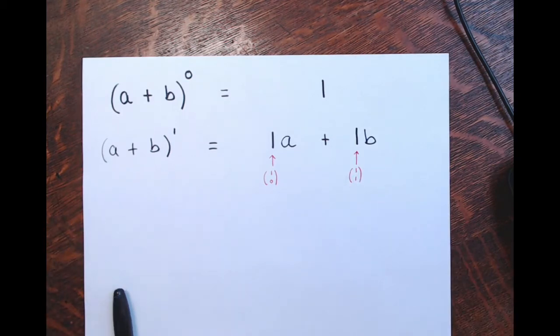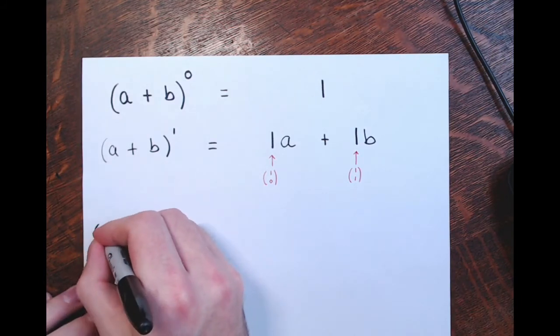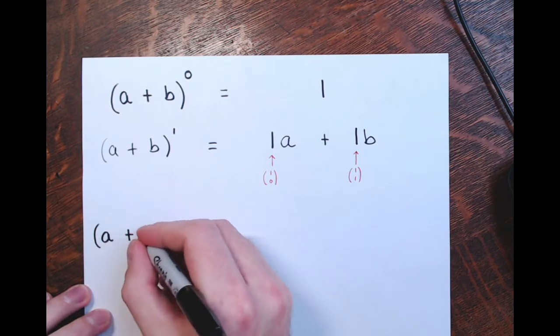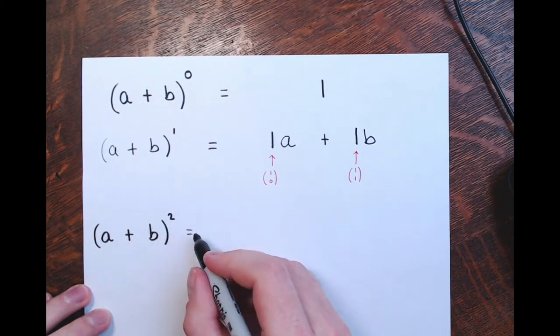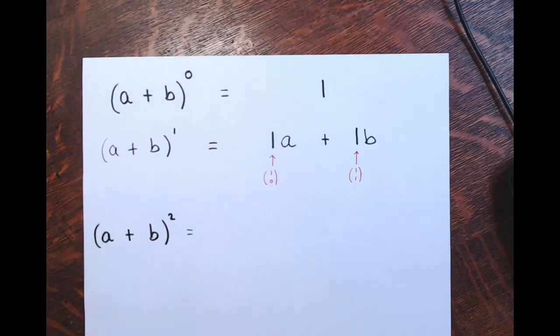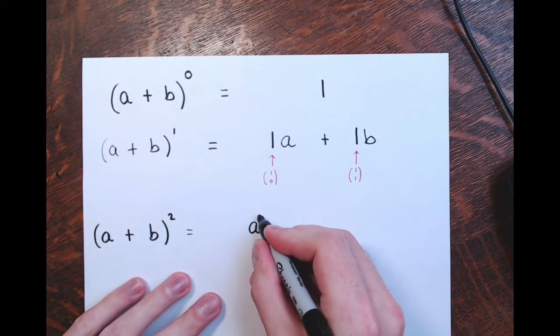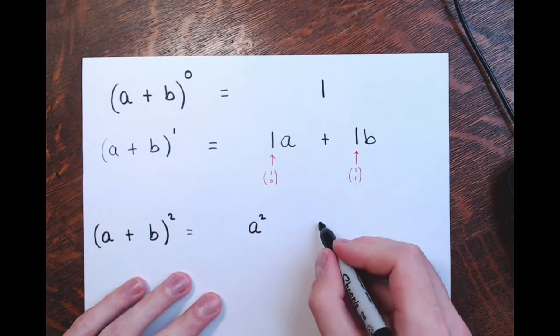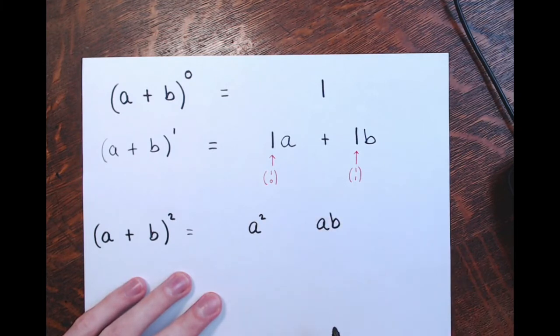Okay. Next one, a plus b squared. So again, this is going to be like, hey, let's form strings of length 2 with A's and B's. Well, I could have two A's, so that'll correspond to A squared. I could have an A and a B, and that'll correspond to AB.